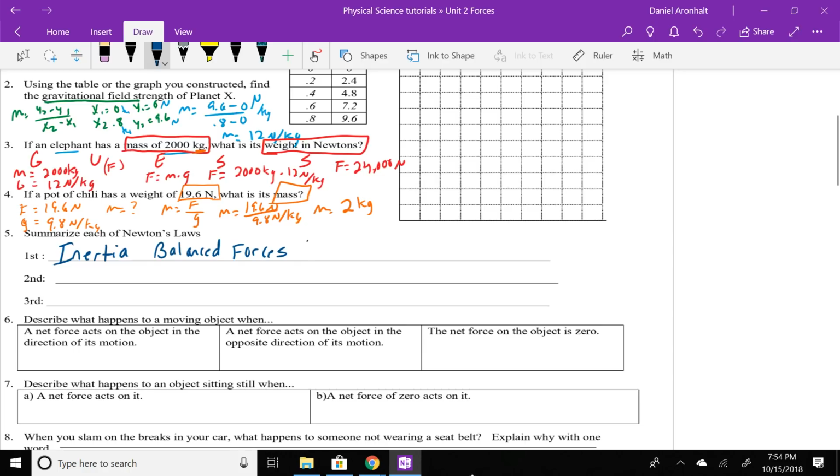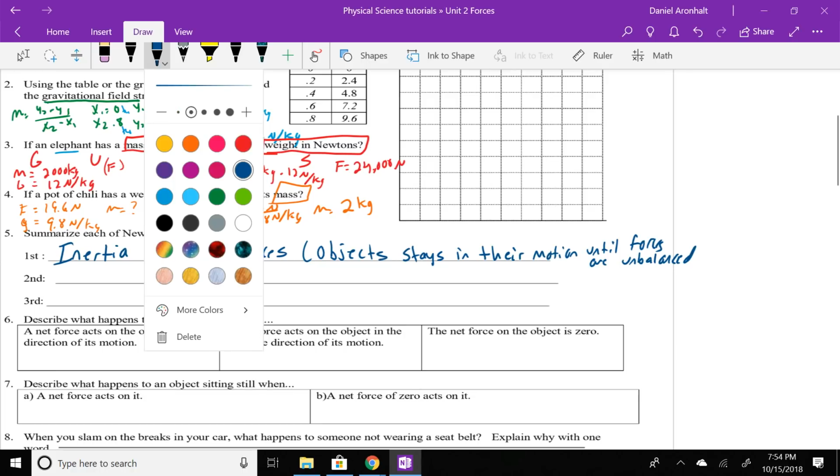So that is, objects stay in their motion until forces are unbalanced. Another way to say this, class, is that objects resist a change in motion. So be prepared for that. I think that exact wording is on the test. Objects resist a change in motion.